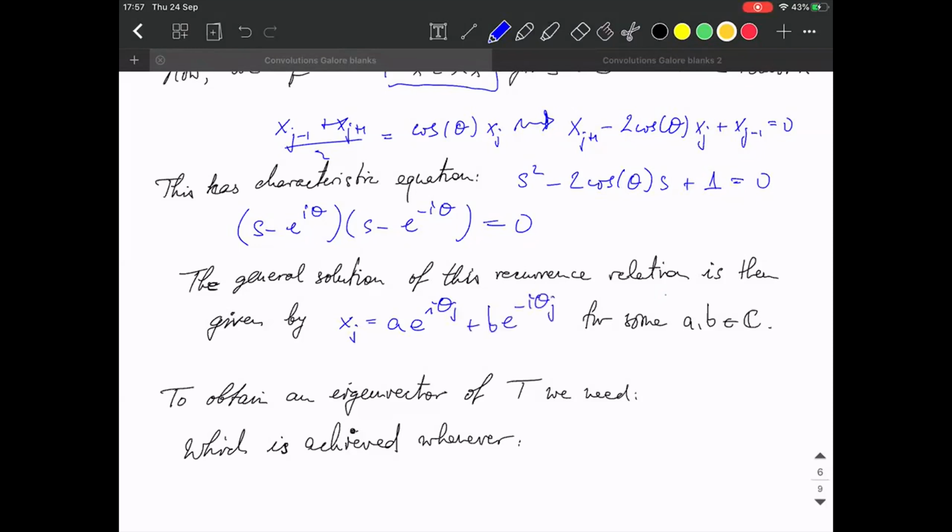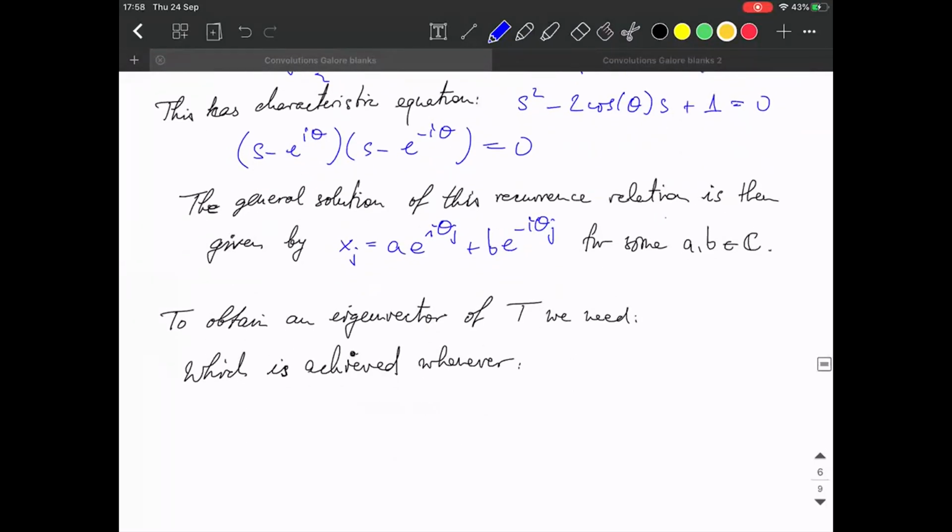Minus i theta j. But of course, this was just for a general sequence x_j. We want our sequence to actually give us an eigenvector of T, and so we need x_n to be equal to x_0, because we need to read the indices modulo n.